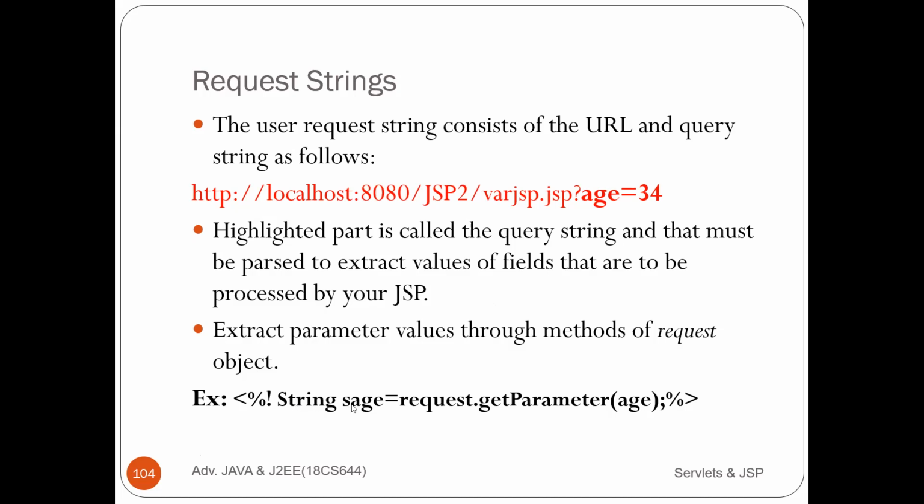Since we are declaring a variable and storing it, we are using a declaration tag. So String age is equal to request.getParameter, name of the parameter. Request is a default request object, getParameter is a method, and age is the name of the parameter which we want to extract.